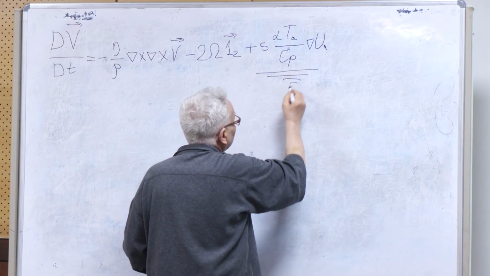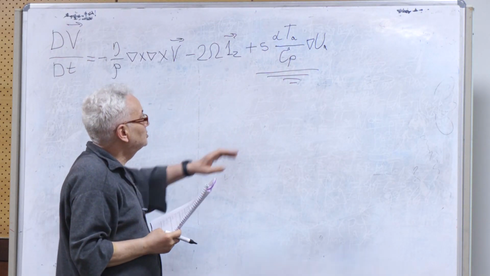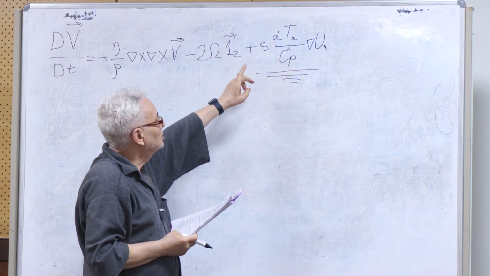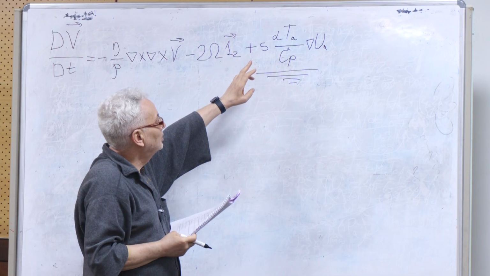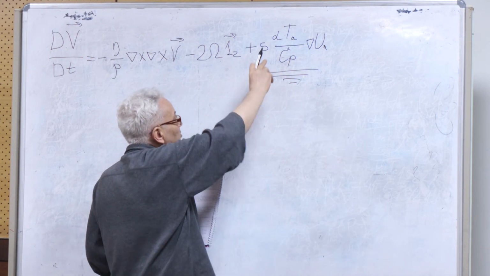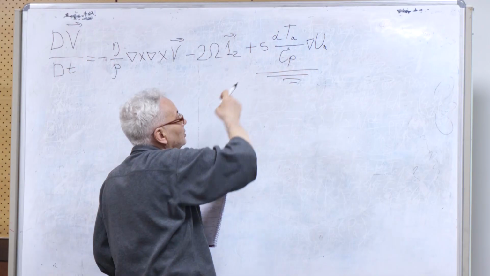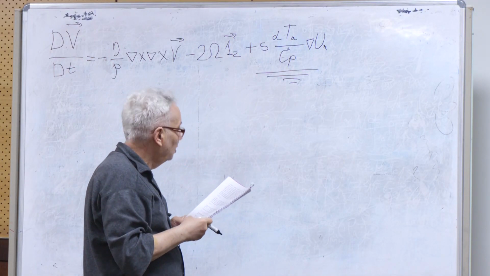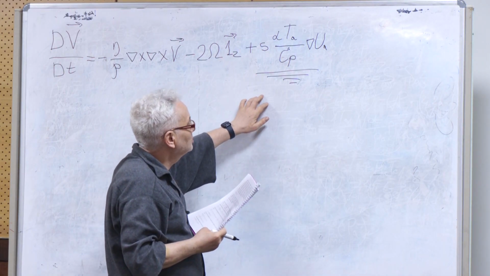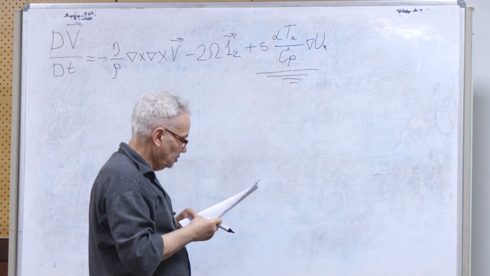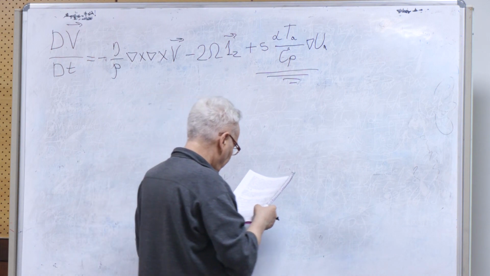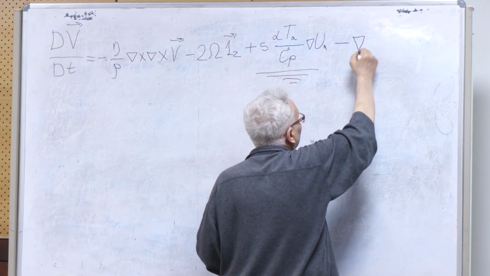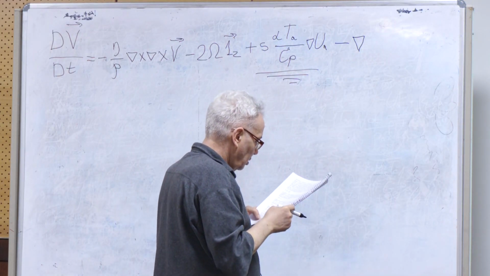Let me stress it. It's actually a direct analog in the Boussinesq approximation, the term which connects T with alpha, but in that case this T is not the adiabatic T, but just the deviation of T from some equilibrium state. Here it's a more correct equation and much more exact than the Boussinesq one. And of course there is a pressure here, but not simply pressure, but a modified pressure under the nabla.